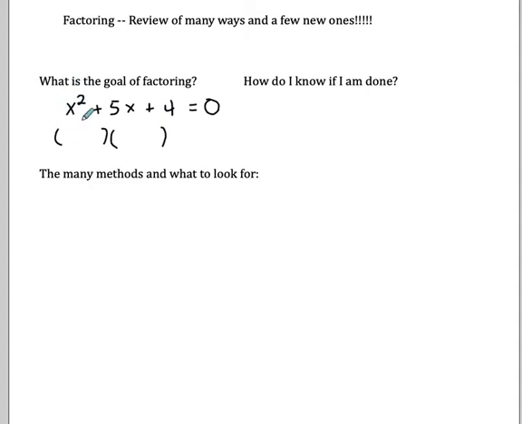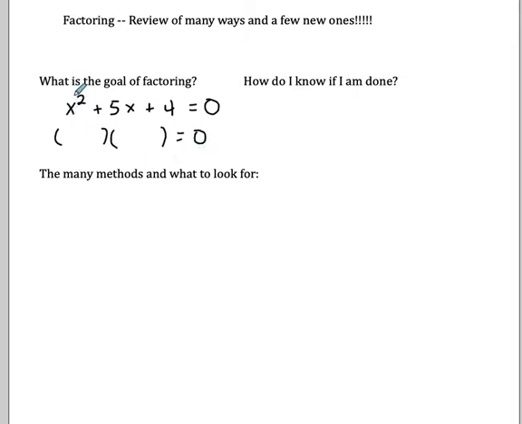So I'm trying to reduce the order of this problem from a quadratic problem down to a linear problem. If I can figure out what are the two linear binomials that multiplied together to give me the quadratic trinomial, then I can use this little trick with the zero product property and find a method to solve it.